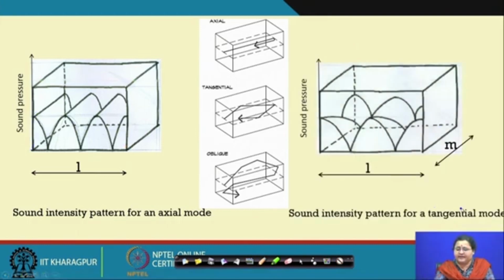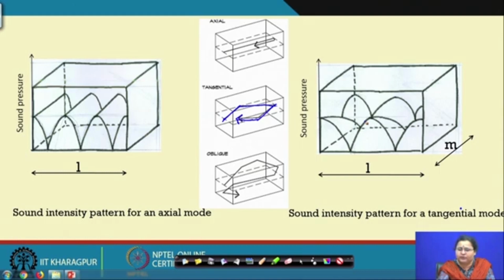Now, seeing what is happening in two directions, that is tangential, which you can see in these boxes. The sound is moving from the source, which is here, and it is moving this way in this tangential plane. Then this is the sound pressure level profile.